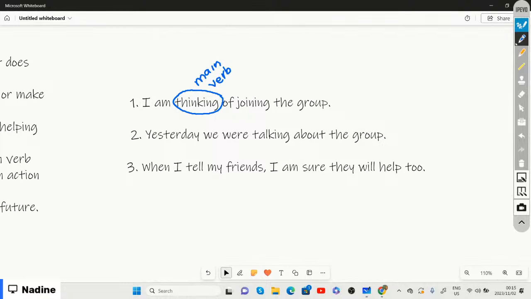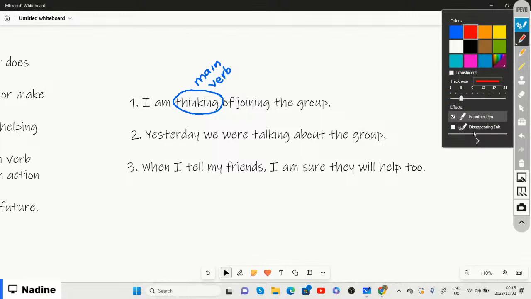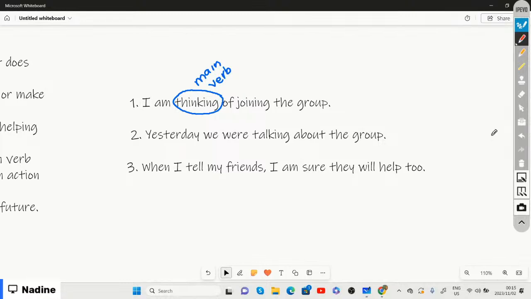And then what is the helping verb within that sentence? The helping verb. So if thinking is our main verb, then we can identify the helping verb.